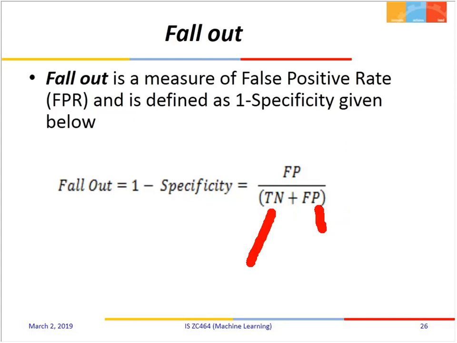So both of these terms are referring to the imposters, right? And what is this ratio? False positive divided by true negative plus false positive. This is what is fallout. These are all the terms which have been coined, and these represent certain specifications regarding the accuracy.